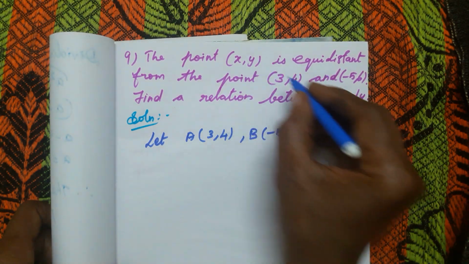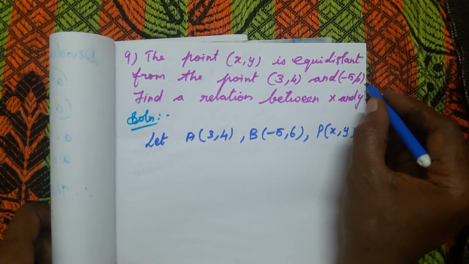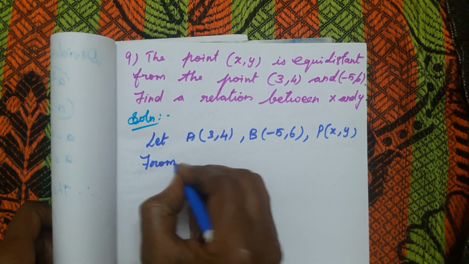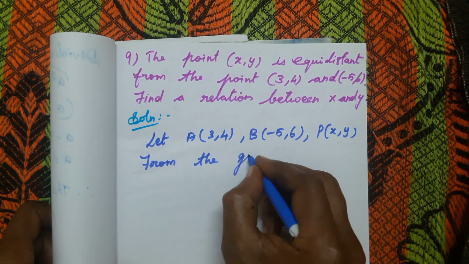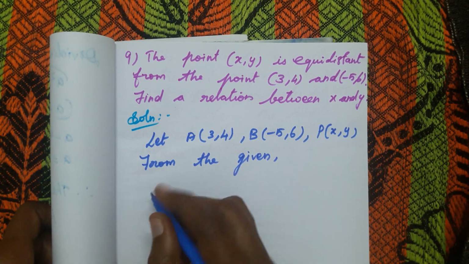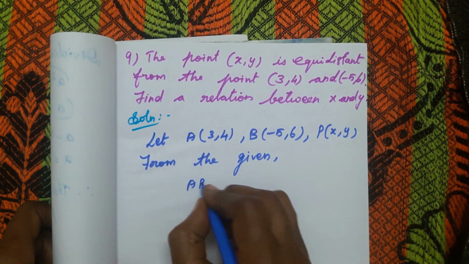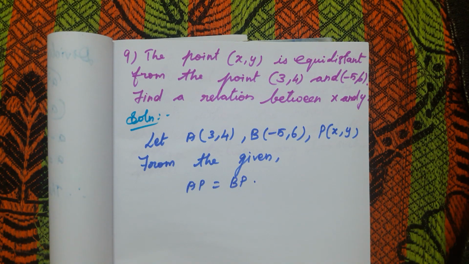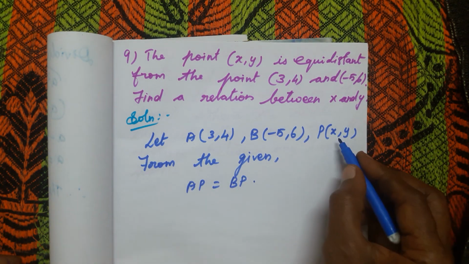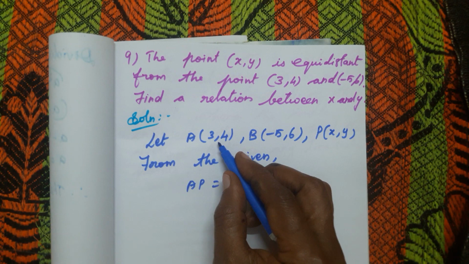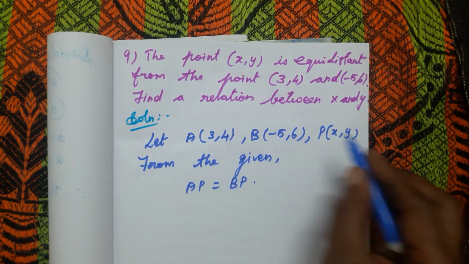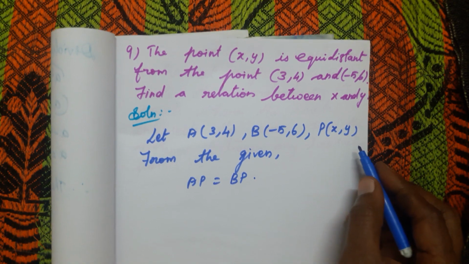Here x comma y is equidistant from A and B. From the given, listen, AP is equal to BP, like that we can take. Okay, from the given, P x comma y is equidistant from A and B, so we can take AP is equal to BP.